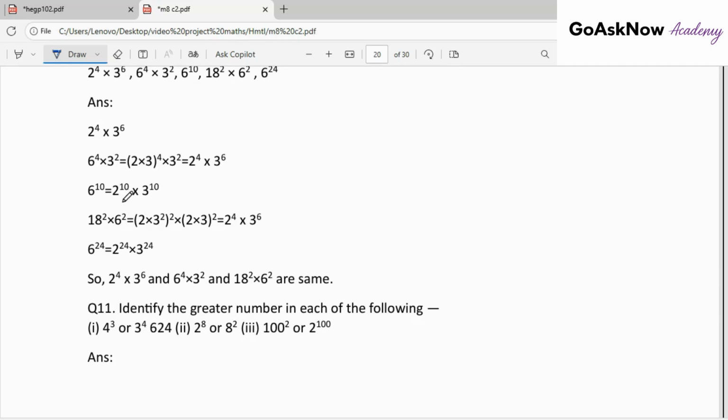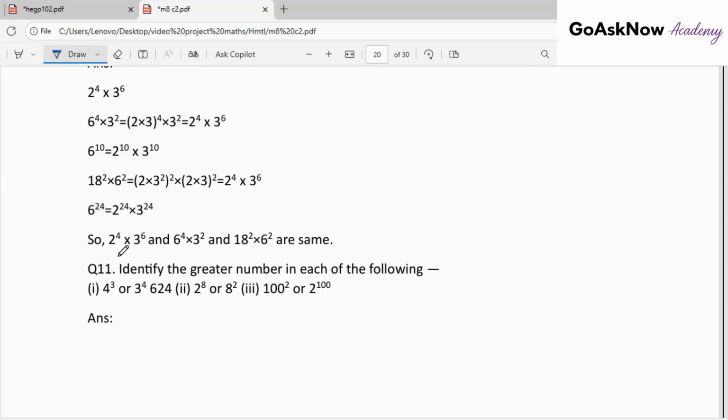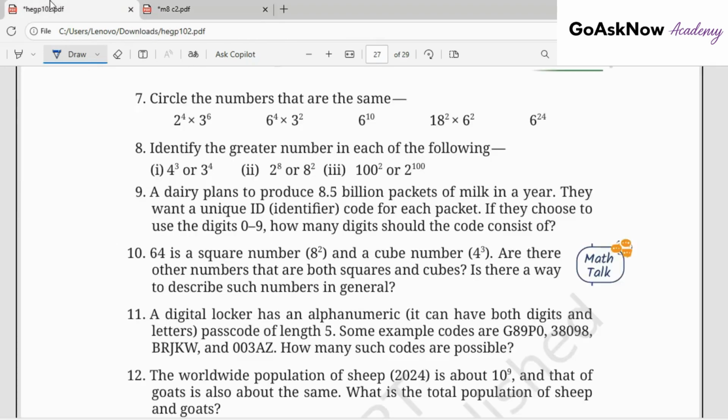Next, 6 power 10 is equal to 2 power 10 into 3 power 10, which is 18 power 2 into 6, which is 2 into 3 square whole power square into 2 into 3 whole power square is equal to 2 power 4 into 3 power 6. So, here 2 power 4 into 3 power 6 and 6 power 4 into 3 power 2 and 18 power 2 into 6 are same.